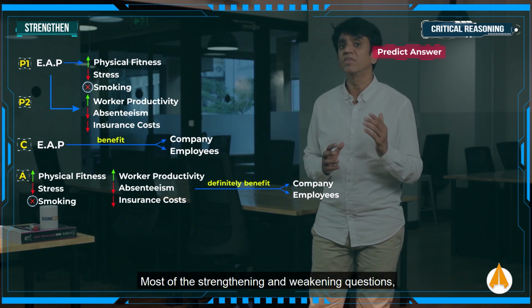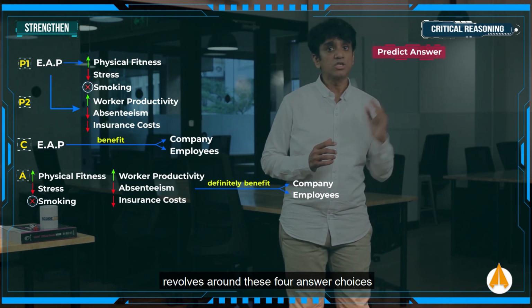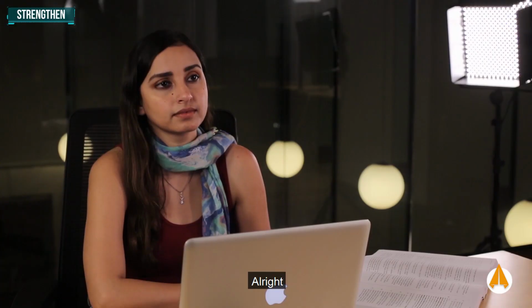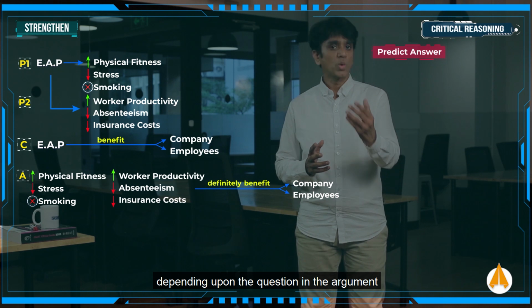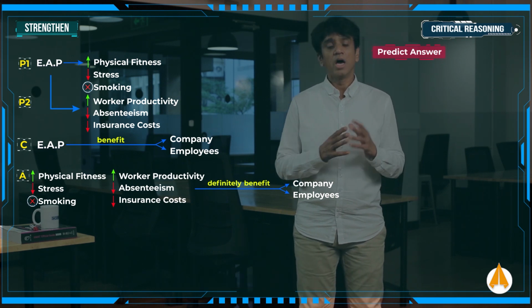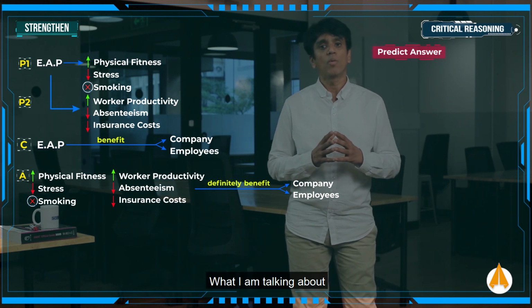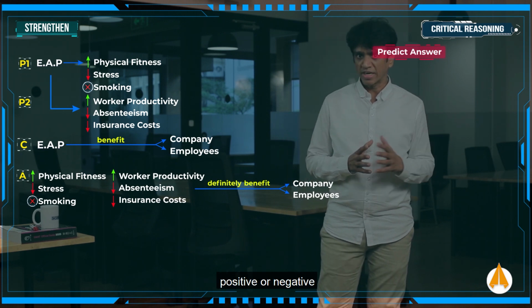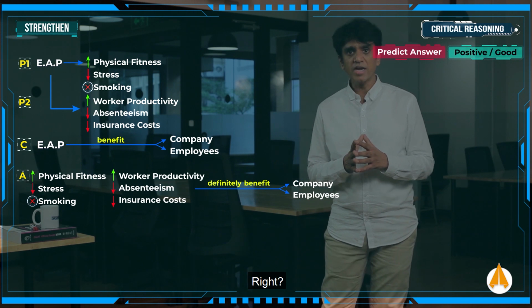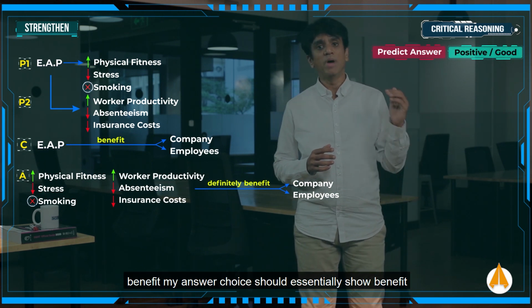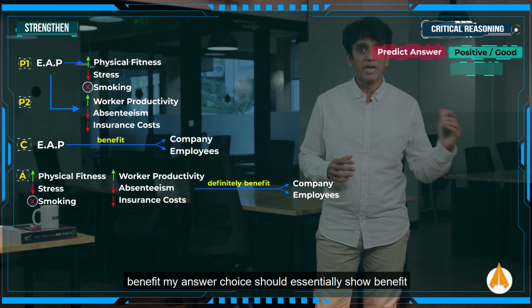Most of the strengthening and weakening questions revolve around these 4 answer choices. So your answer should be either good or bad, positive or negative, depending upon the question and the argument. Now you tell me, in this particular argument, what are we talking about? Good or bad, positive or negative? Positive, good. We are talking about benefit. My answer choice should essentially show benefit.